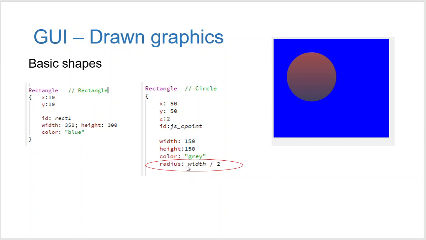If we give the radius a value which is half of the width, then the radius for the corners will be exactly that length and it will create a circle. And of course the width and height have to be the same value. So this is the way you can create a circle from the rectangle.